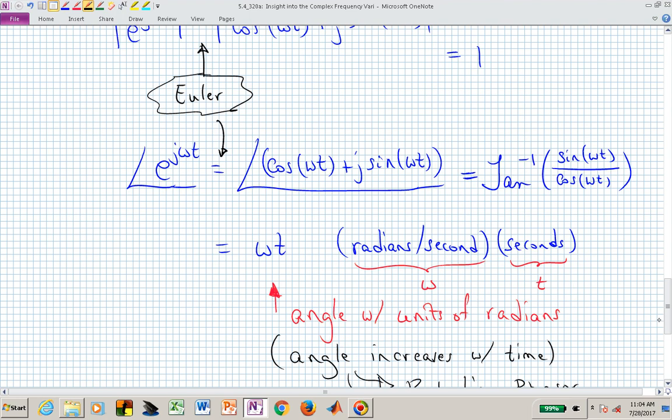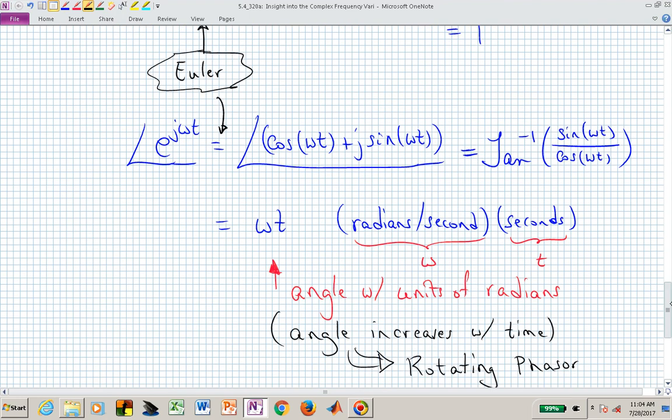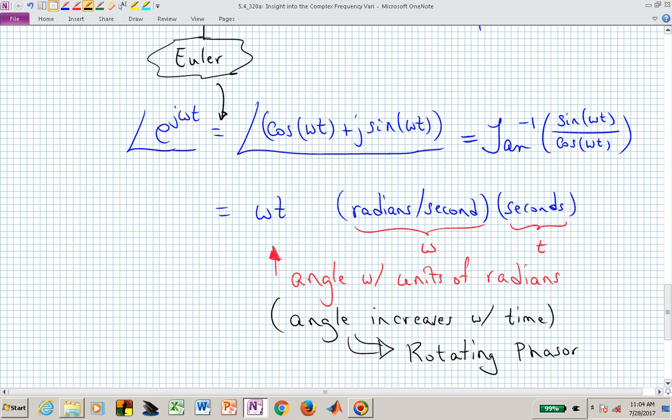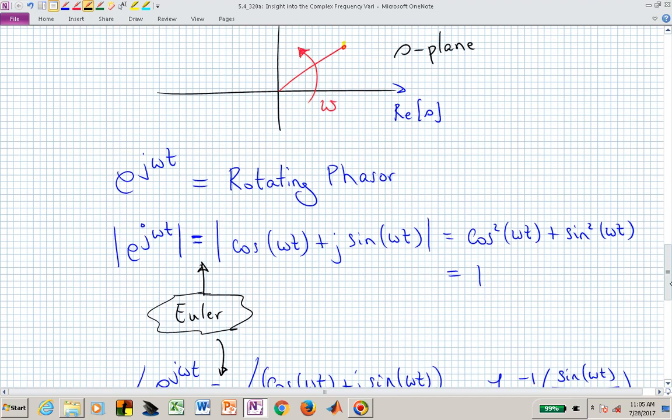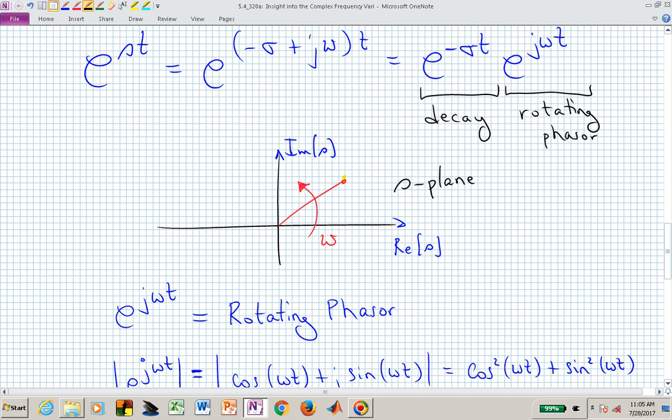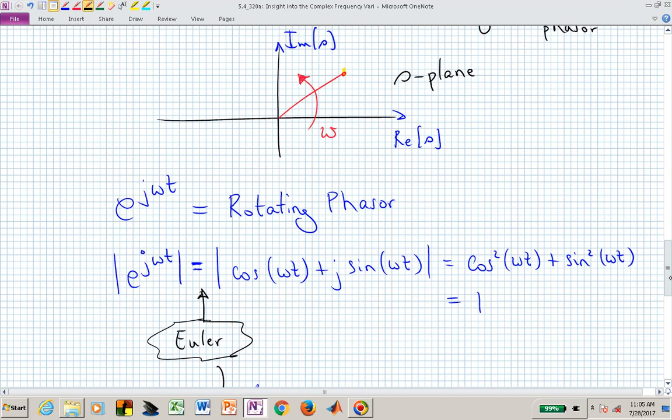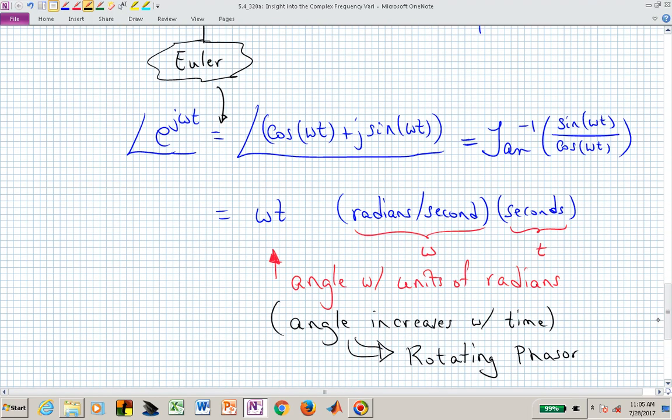Omega t is now an angle with units of radians. And as the time evolves or grows in value, the angle is now increasing with time, and that now produces this rotating phasor. The magnitude of e to the j omega is fixed at 1, and omega tells us how fast we're spinning, and t just causes this angle to increase as a function of time.